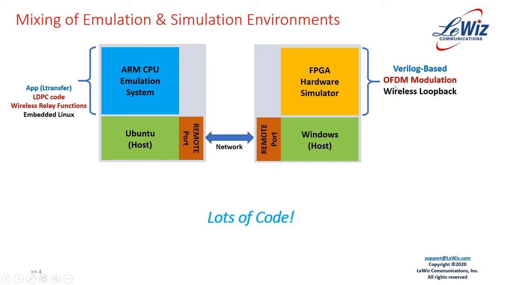We implement OFDM in Verilog code, and we also created a wireless channel loopback. There's a lot of code, and we want to use a low-cost type of PC system, and this mechanism allows us to separate things out and keep the performance up.